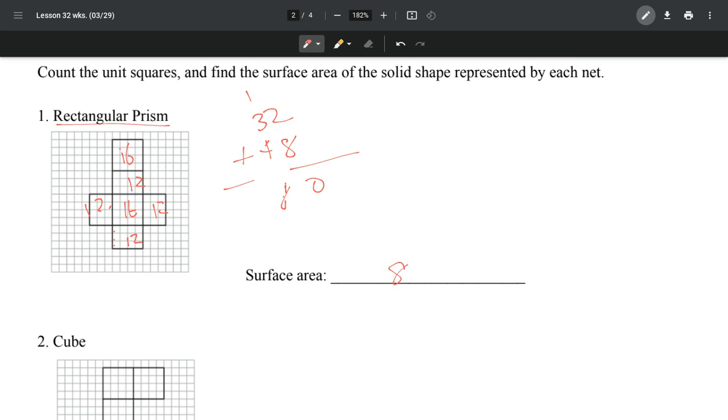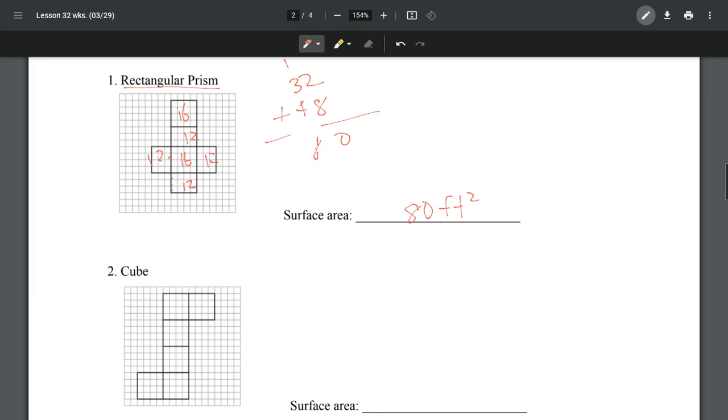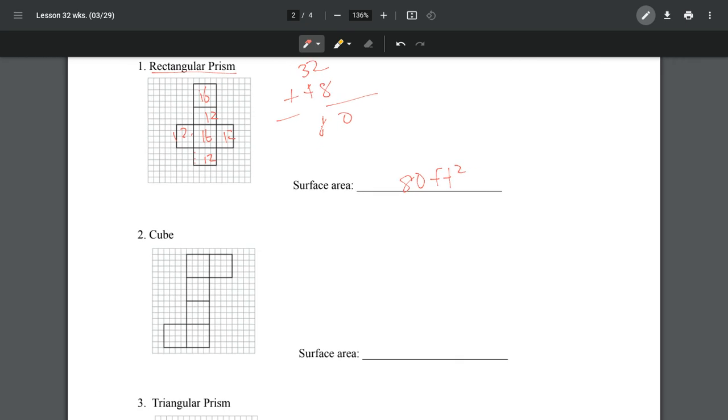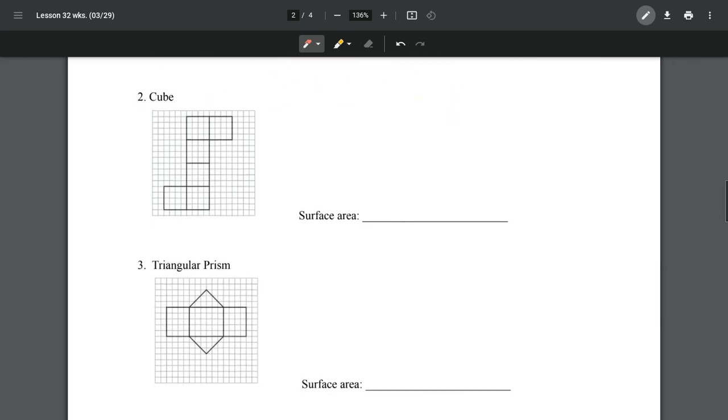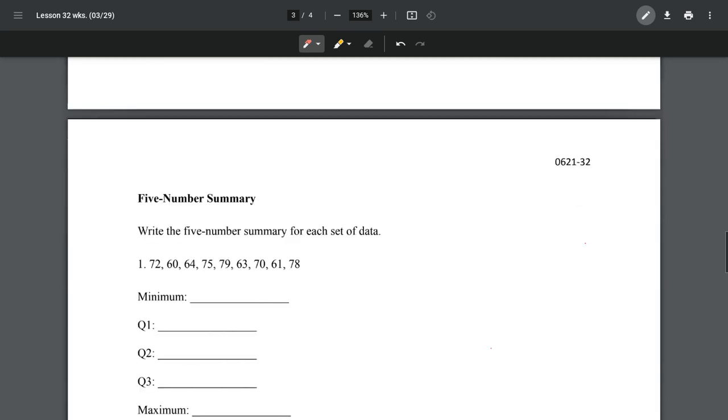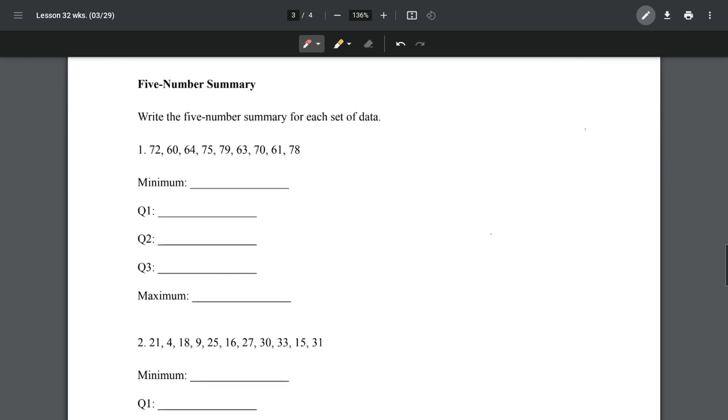And so our final answer is going to be 80 feet squared. Okay? So try solving for the surface area for the cube and triangular prism. And let's move on to our third page.